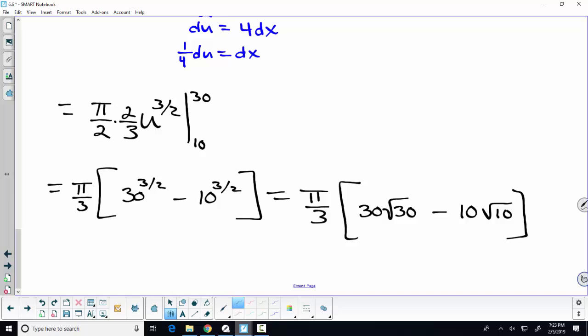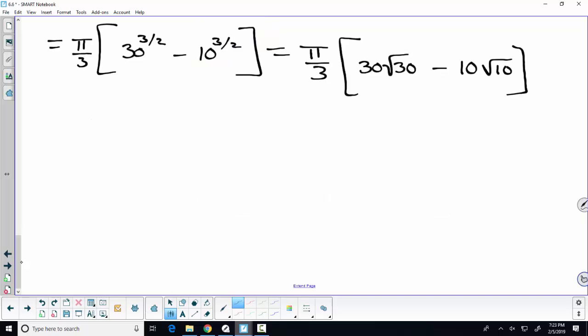I guess that's exact. We could factor out a 10, but I don't know what that would do. There's our exact value. And I think, yeah, I did compute that to be about 138.957.